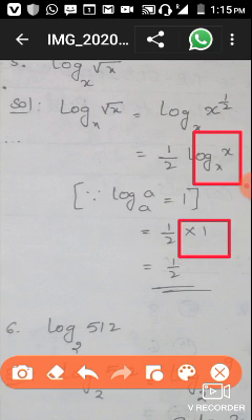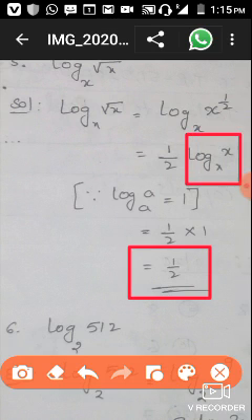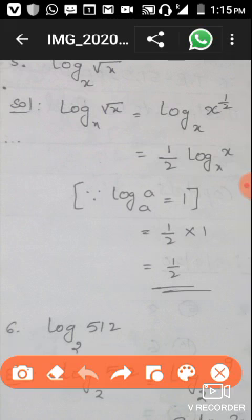So 1 by 2 into 1 equals 1 by 2. This is the answer: 1 by 2 is the answer for log root x to the base x.